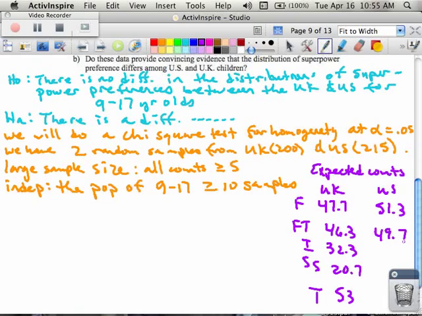That might be, I'm not sure about that one, so take a look, see if this is correct later on. 34.7, 22.3, and 57. And again, this was by taking all those proportions and then multiplying by the number that was in the group, 200 or 215.